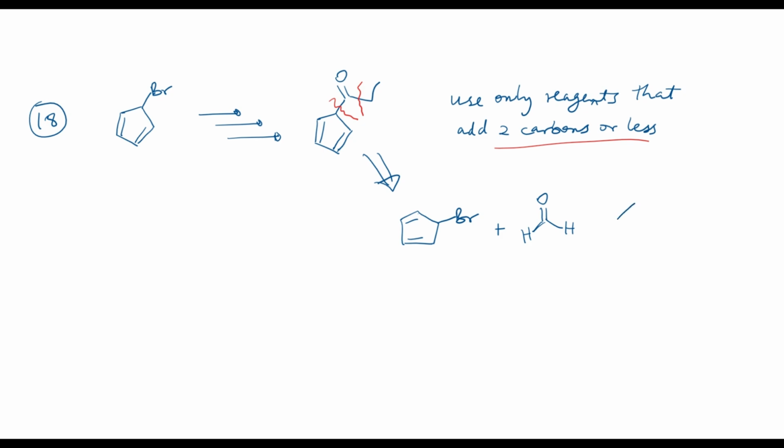And we have an ethyl group. To attach an ethyl group to a carbonyl carbon, we generally will use Grignard reagents. Now let's get started.